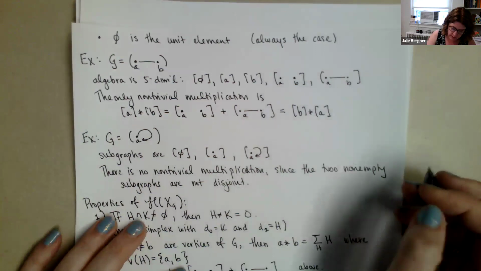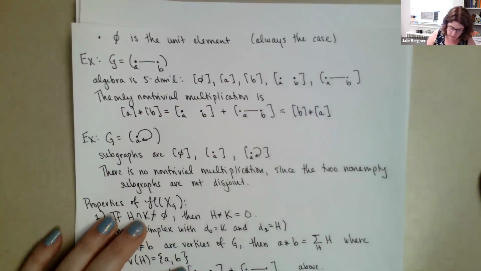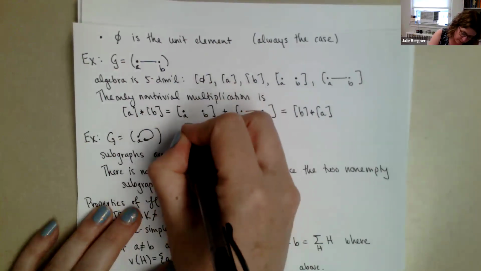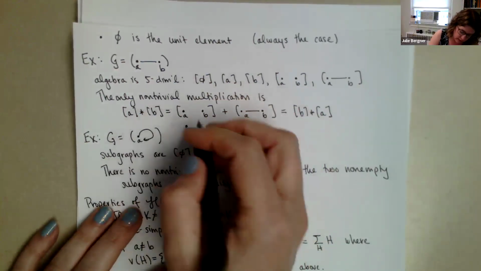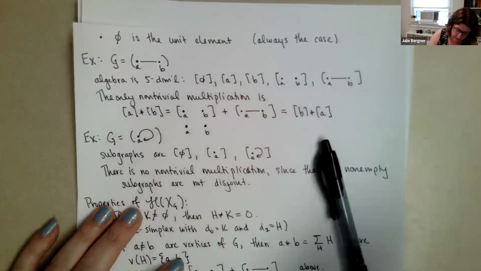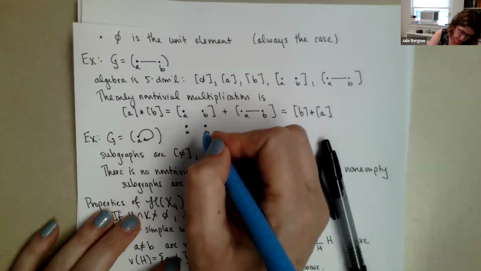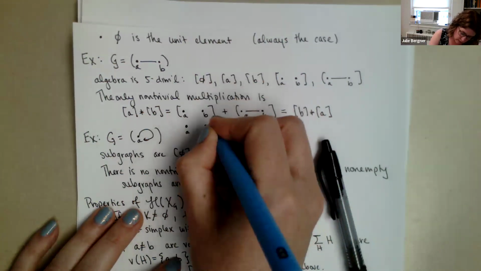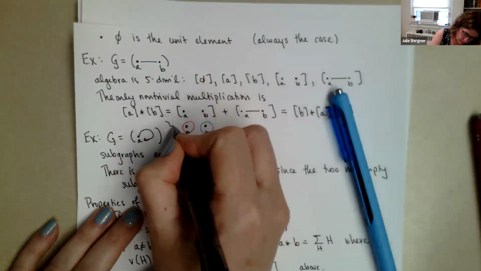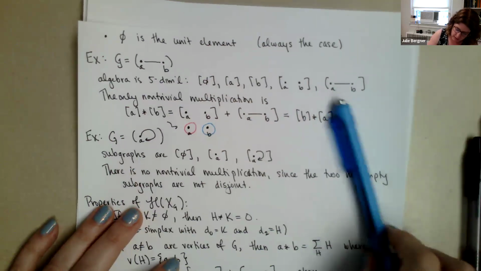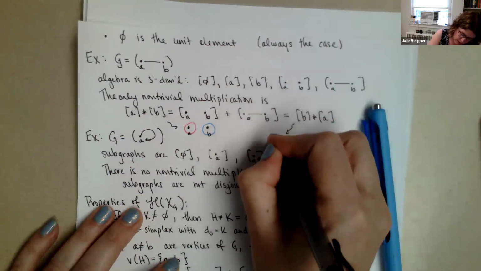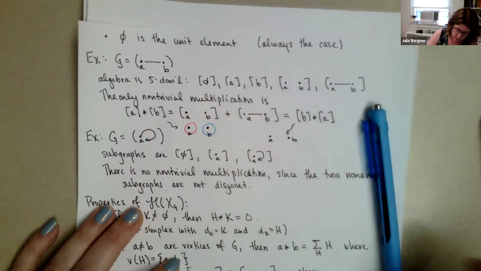So you can think, if you look at this, it's A star B. You have a two simplex. This would be D0 and this would be D1. So that would be the two simplex for A star B. If I did the two simplex for B star A, it's the other way around.